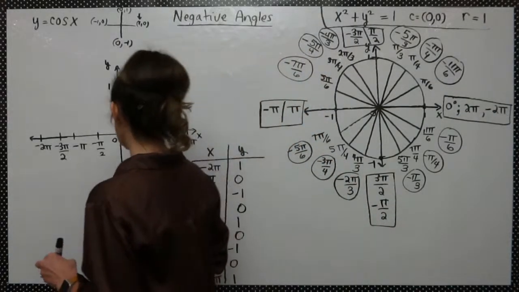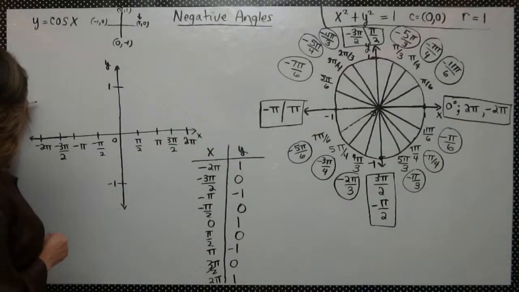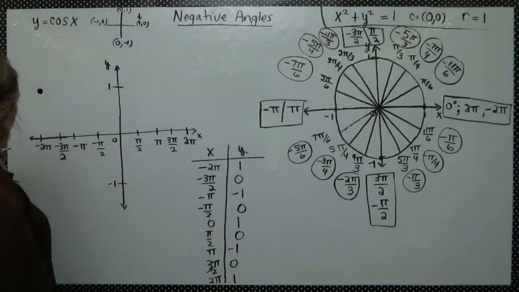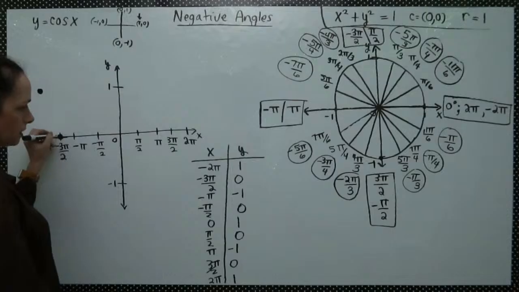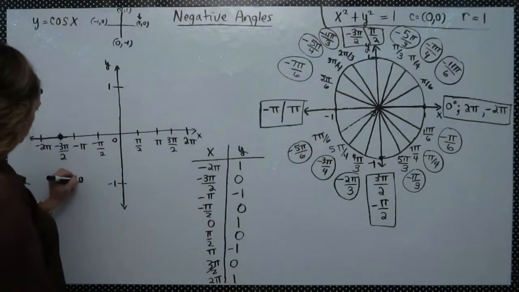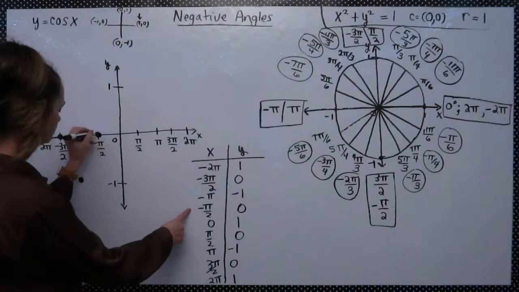And we'll go ahead and sketch our points real quick. So negative pi over 2, I'm at positive 1. And negative 3 pi over 2, I'm at 0. Negative pi, I'm at negative 1. Negative pi over 2, I'm back to 0.